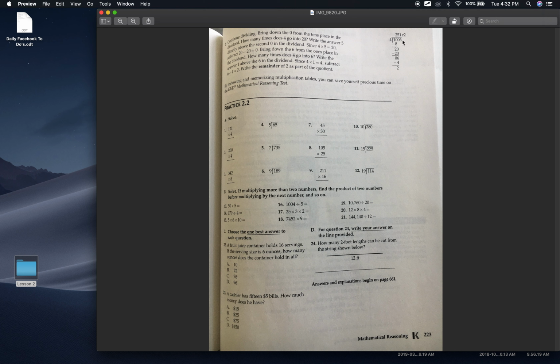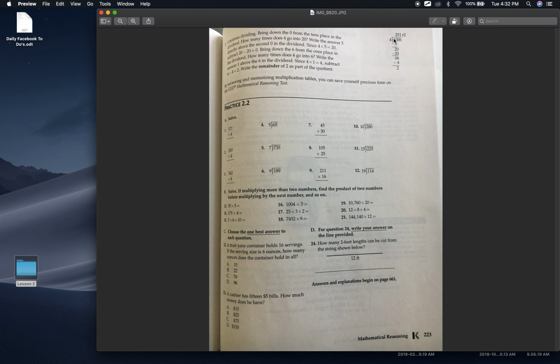And then they brought down the 6 from up here. 4 goes into 6, does it? Yes, it goes in 1 time. So bring the 1 over the 6, since that's what we last used. Then 1 times 4 is 4. Put the 4 here. Then we subtract. 6 minus 4 equals 2.